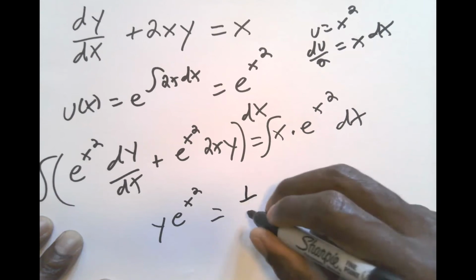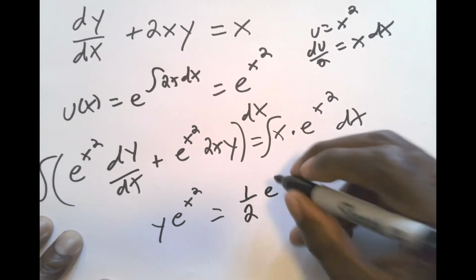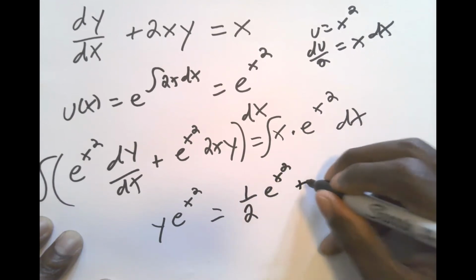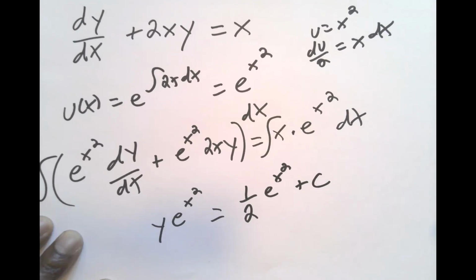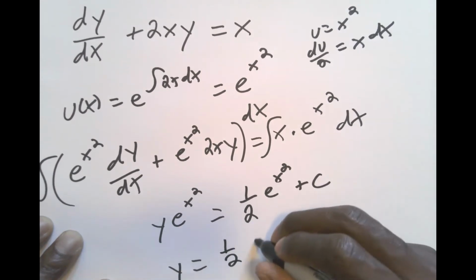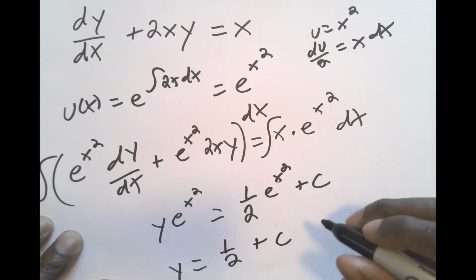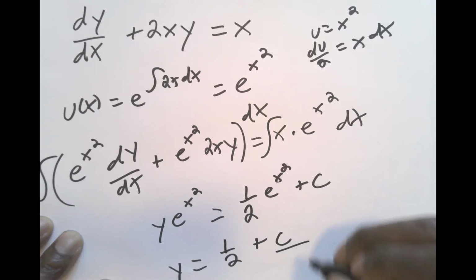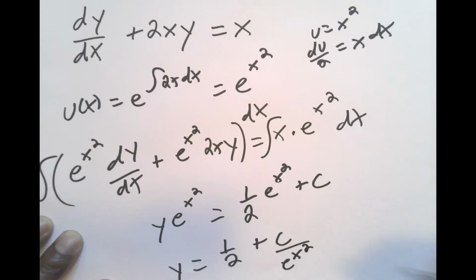And so this is going to equal 1/2 e to the power of x squared plus some constant. And at last, we would just divide by e to the power of x squared. And so this will be 1/2 plus c over e to the power of x squared. All right.